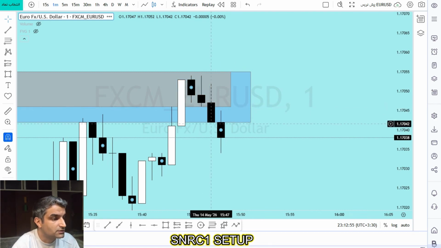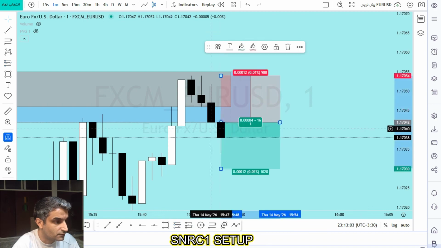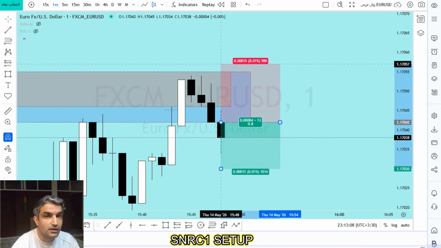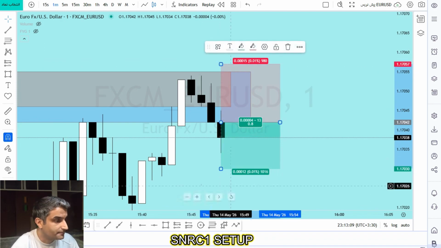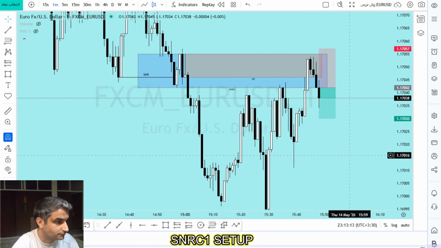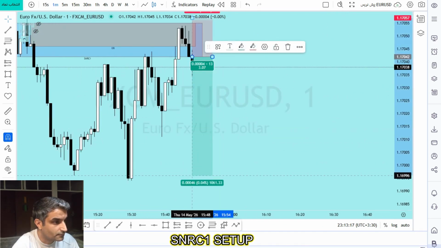So this is our engulfing candle. We enter the market at this area. Put our stop loss above here, and our target can be here.